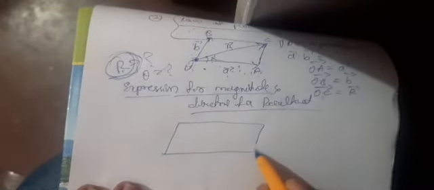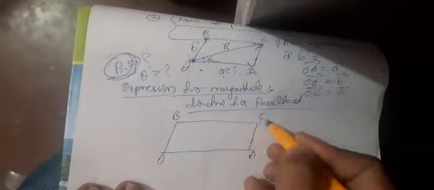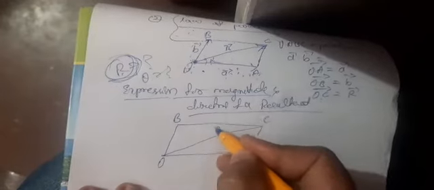How to derive it? First, draw the parallelogram OABC. Draw the diagonal line, which is the resultant line. Capital R is the resultant line.